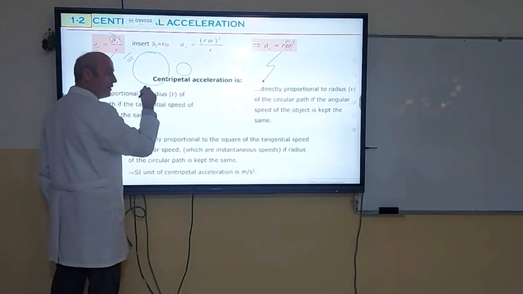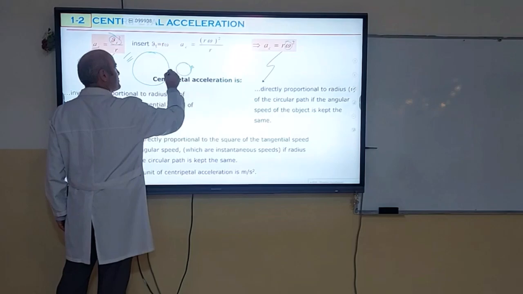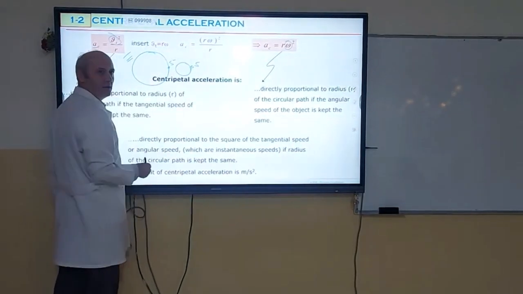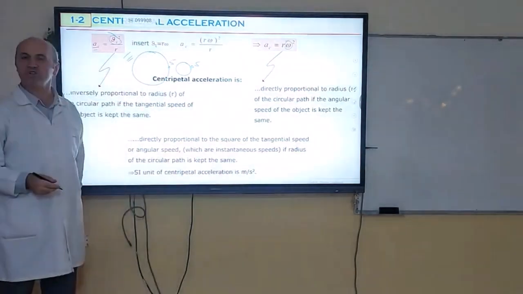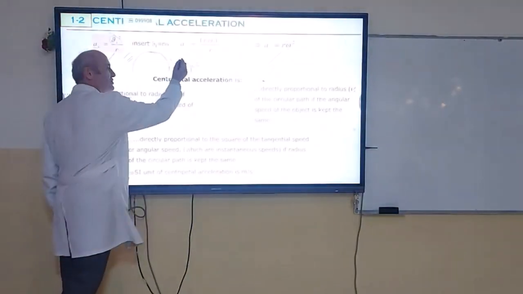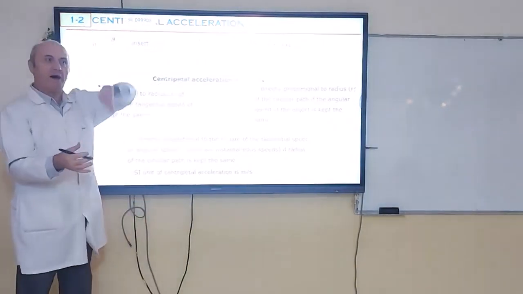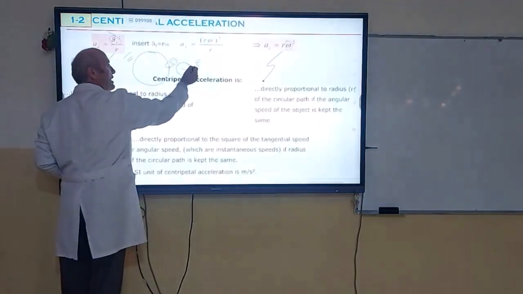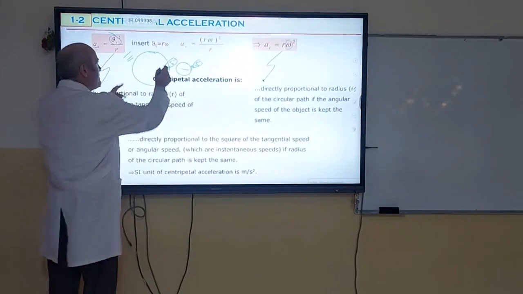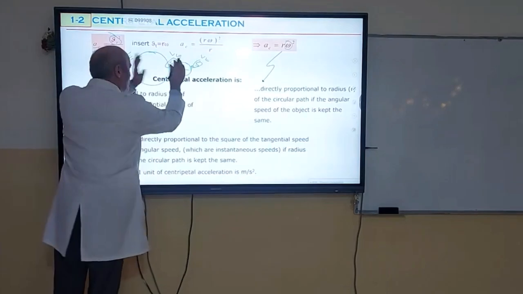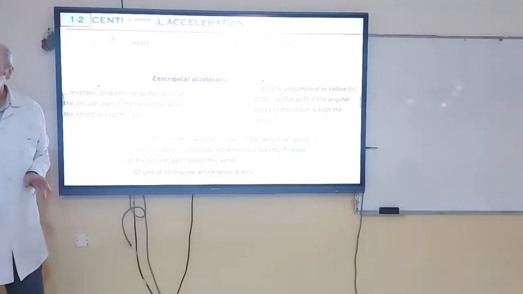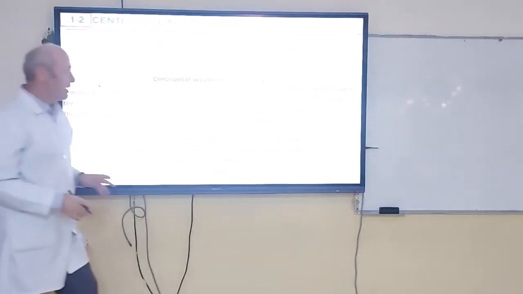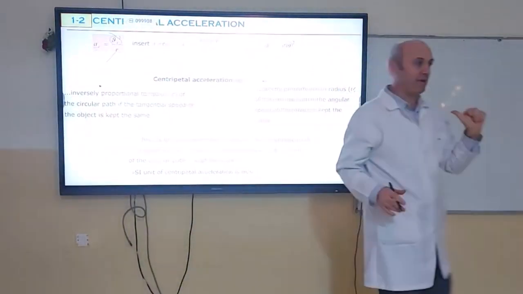If two cars move in these two different circles with the same tangential speed, say 5 and 5, which one changes direction quicker? Of course, the small one. R is smaller, AC is greater, but what did we keep the same? VT. If you keep VT the same for two objects in a circular path, AC and R are inversely proportional.